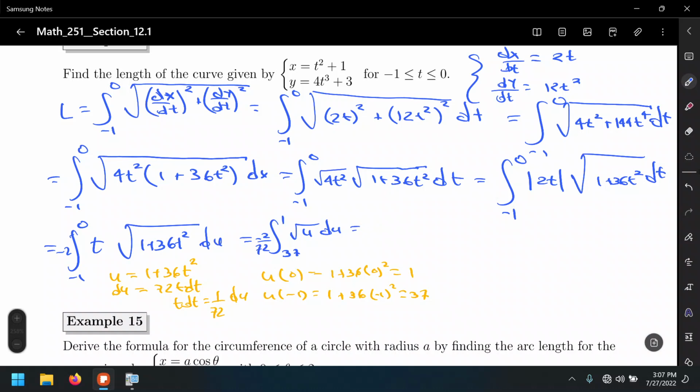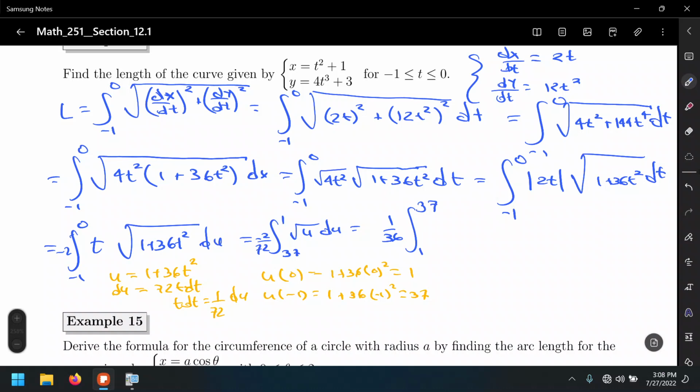-2 over 72, 1 over 36. Well, I'm going to change the minus to a plus. How about that? We can do that by reversing the limits, and I think when we do that, it makes more sense to have a smaller lower limit and a larger upper limit, isn't it?